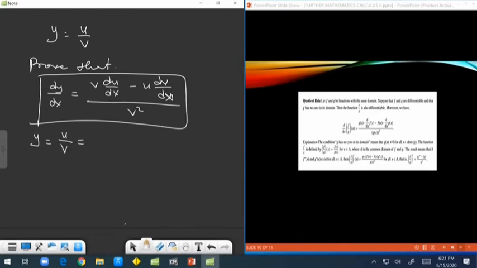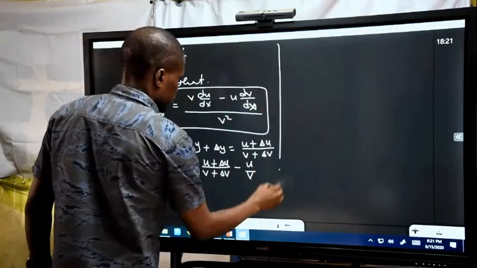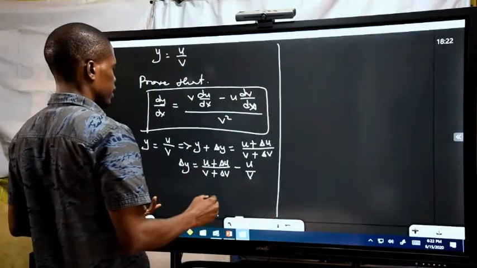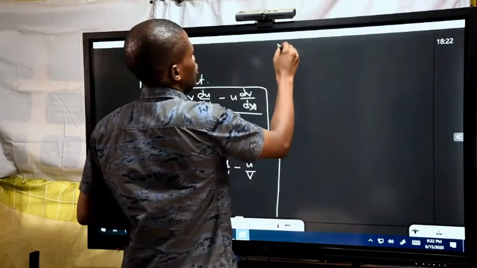This is the same as saying y plus delta y is equal to u plus delta u divided by v plus delta v. So delta y is equal to u plus delta u divided by v plus delta v, minus u over v. When we solve further, we find the LCM of the denominators.